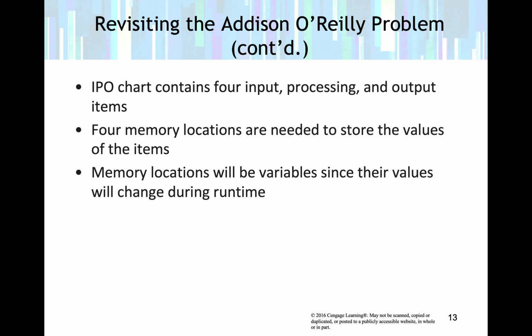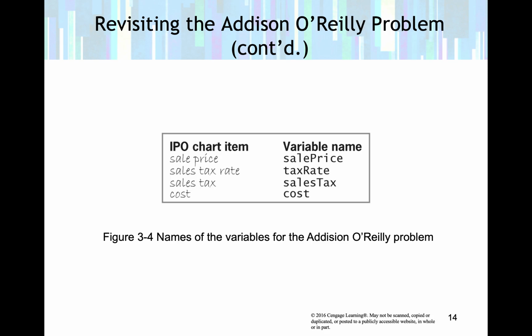All right, so what we're going to do now is create some variable names. For sales price, we're going to create a variable called salePrice, no space, lowercase s, capital P. For sales tax rate, we'll create a variable called taxRate, lowercase t, capital R. For sales tax, which is what you end up paying, like let's say you end up paying $5 in sales tax, this would be SALES, capital T, no space, AX.